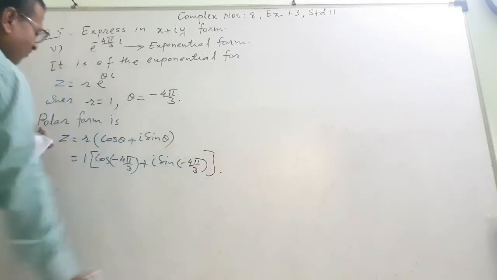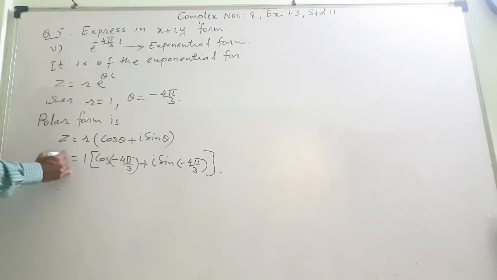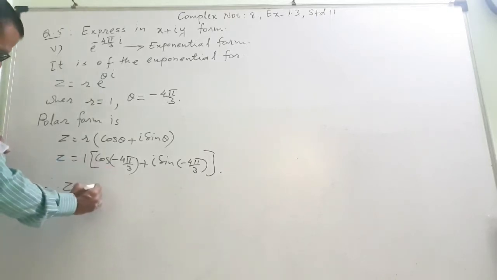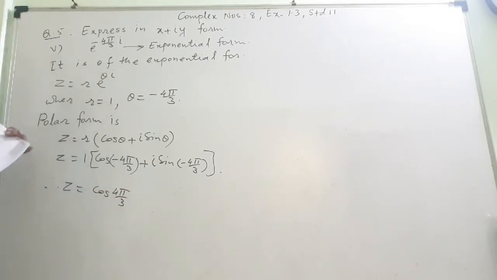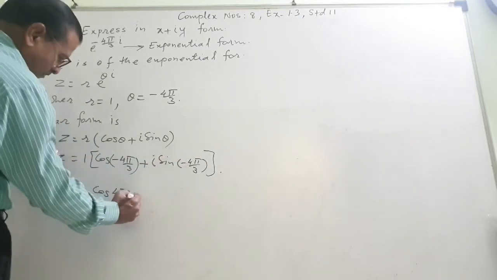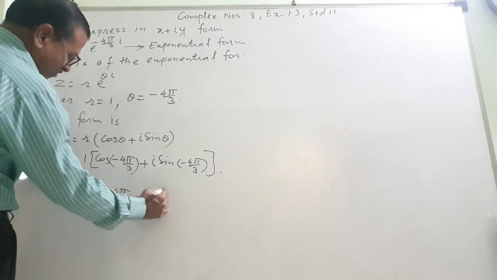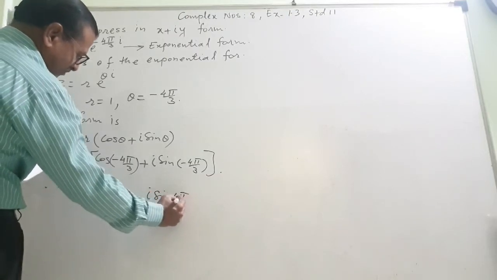This is your polar form. Therefore, z is equal to cos of minus theta is cos theta, cos of 4 pi by 3, and sin of minus theta is minus sin theta, minus i sin of 4 pi by 3. Just now we have solved.